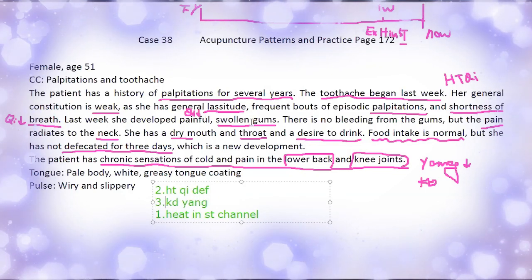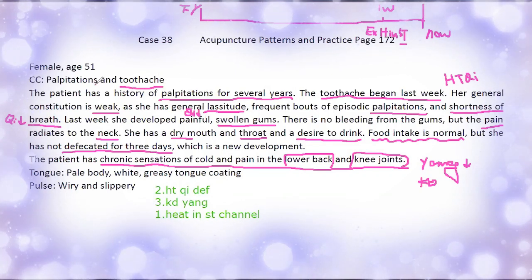I believe that's because toothache is the acute problem and palpitation is a chronic problem. Chronic problems take some time and are a little difficult to treat, being deficiency, while acute problems are a little easier to treat. So in the book they actually put stomach fire, but I like to use stomach heat because there is no bleeding. Stomach heat rushing up goes to the channels. So that's the pattern here.